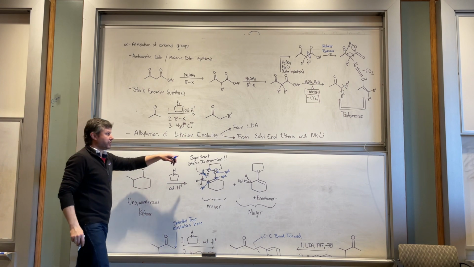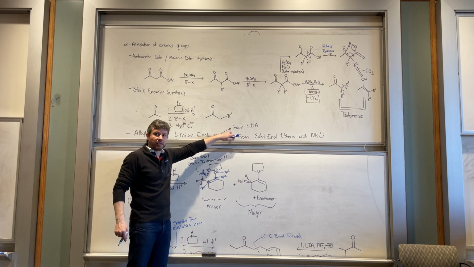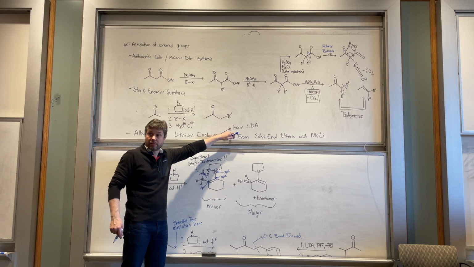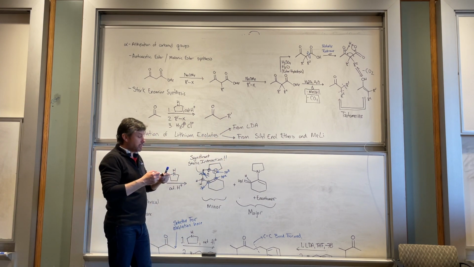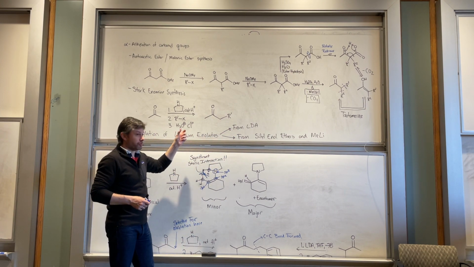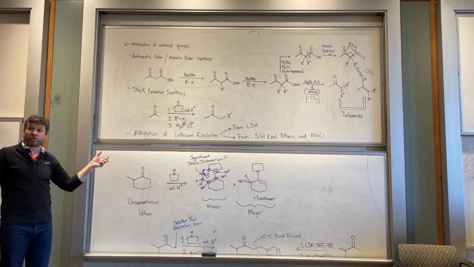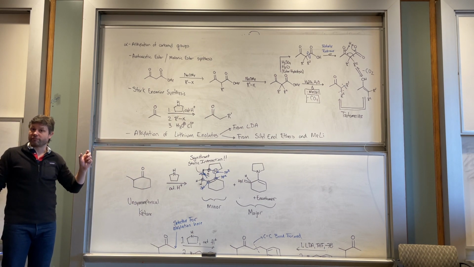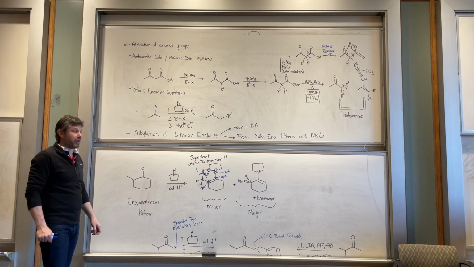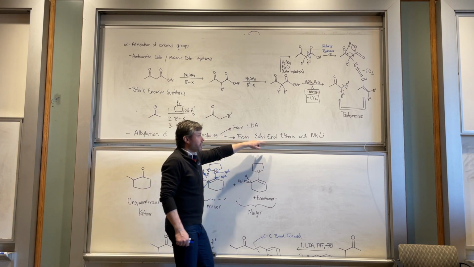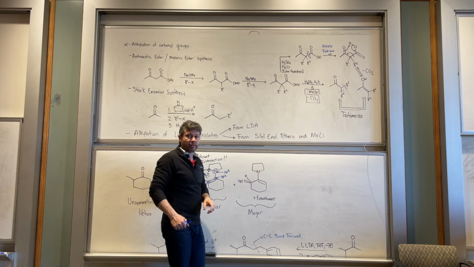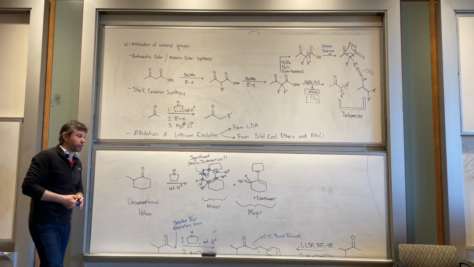One is LDA, which gives us the kinetic enolate in unsymmetrical ketones. But we also learned about silyl enol ethers, using them to give us the thermodynamic enolate fully, without using a thermodynamic base. Treating silyl enol ethers with methyl lithium gives us the corresponding lithium enolate.